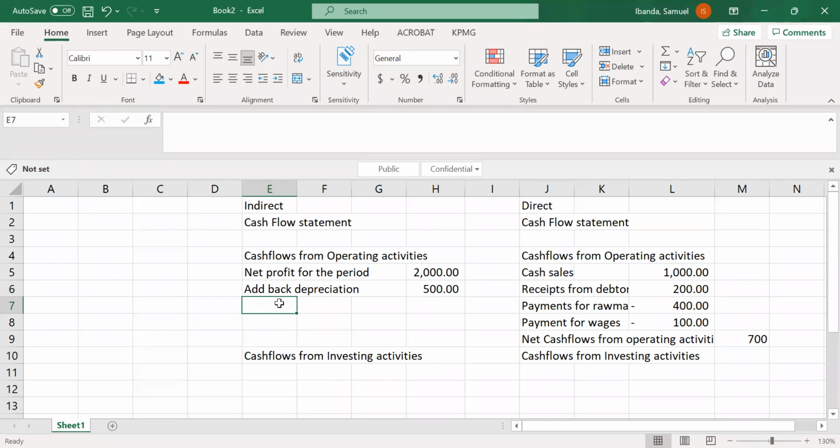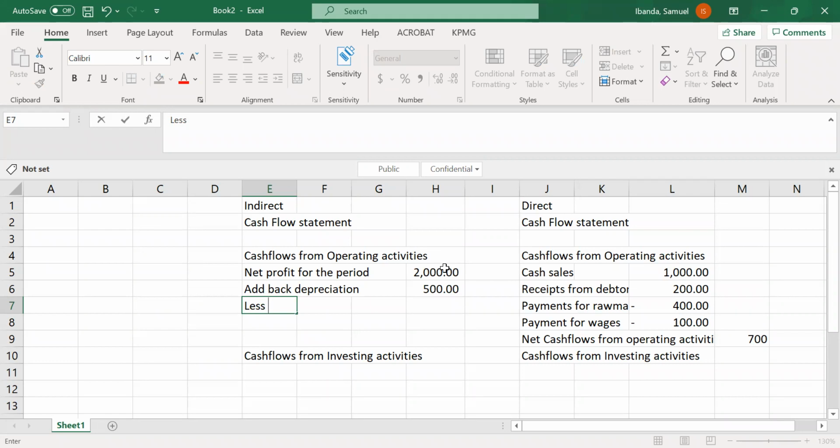So if we have gain on disposal, we know very well that gain on disposal is usually added to the gross profit to get the gross income. So gain on disposal as one of the additional incomes is non-cash in nature. So what we do here, we actually less it. Why we less it is because it's already included within the profit, and we know very well that it is non-cash, so we try to exclude it.